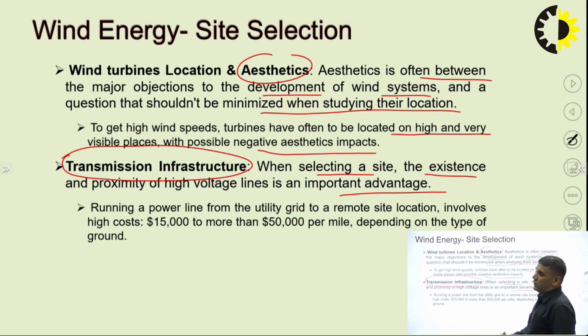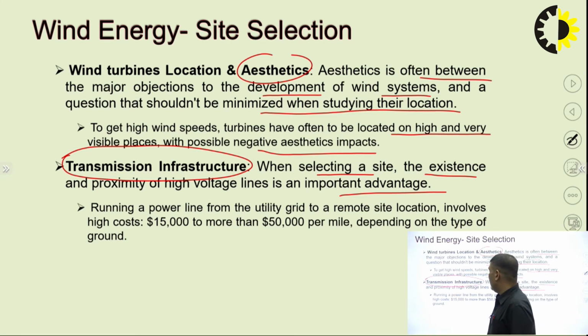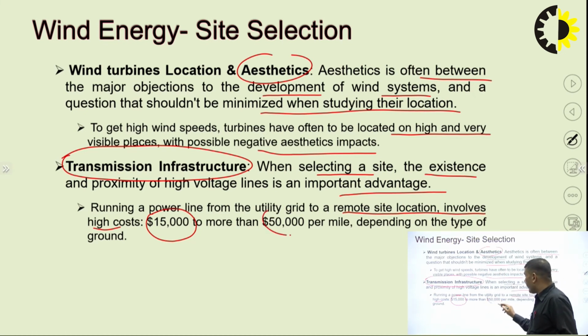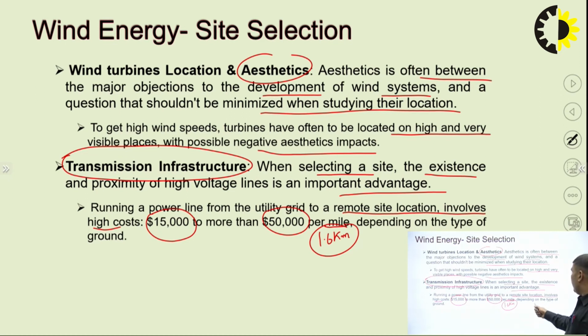So transmission infrastructure means that we have a proper transmission mechanism. Running a power line from the utility grid to a remote site location involves a very high cost, from $15,000 to more than $50,000 per mile. One mile means 1.6 kilometers, 1600 meters, depending on the type of the ground.